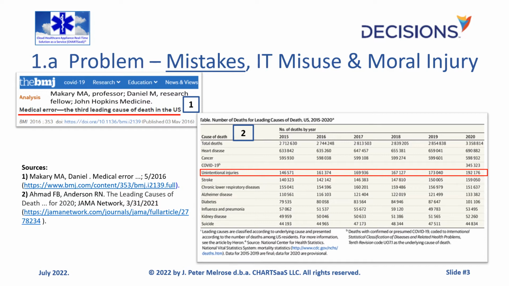The table number 2 reflects a steady increase from 2015 through 2020 of medical mistakes, aka unintentional injuries in the current literature, which ranking was reduced from 3rd to 4th beginning in 2020 owing to the occurrence of the COVID-19 pandemic.